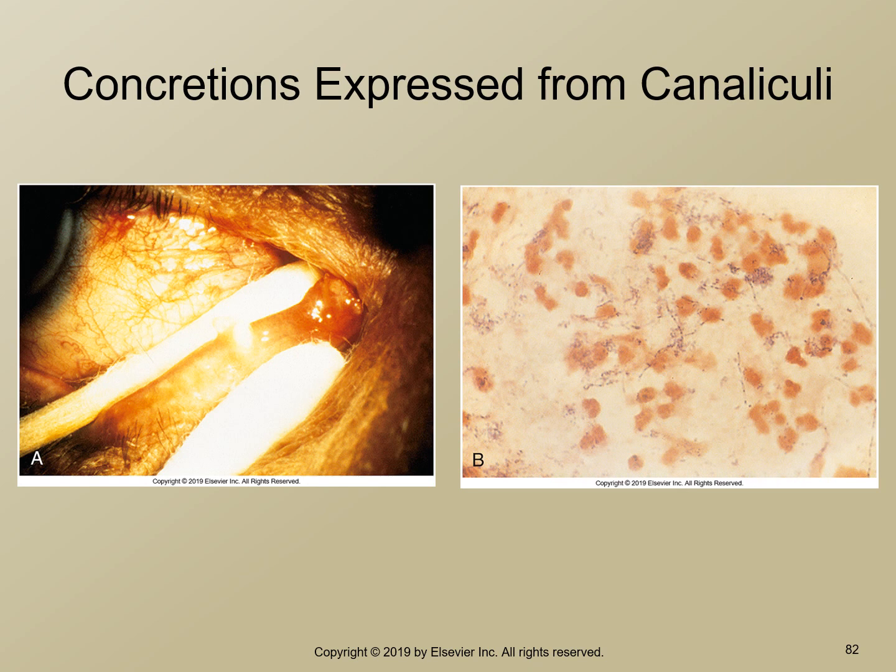On the right is a figure of a Gram smear in which concretions are smashed and stained on a slide, and you'll see this Gram stain reveals gram-positive slender branching rods. So this organism that was isolated was Actinomyces.